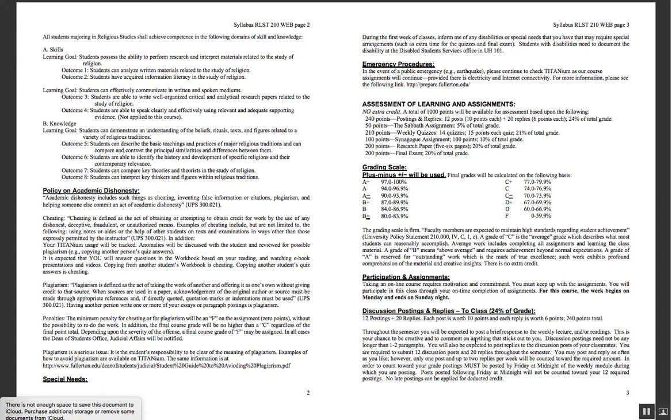Now, what are the postings? They're basically 1 to 2 paragraphs. I'm looking for maybe 6, 7, 8 sentences about the topic that we're talking about that week. It can be anything related to the readings, to the lecture, to any videos we've watched. It can be something that stuck out to you. Hey, I was interested in this. I noticed this. This is what I found fascinating. Or something that you disagreed with.